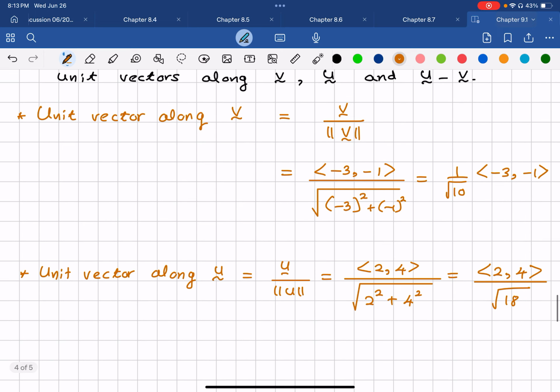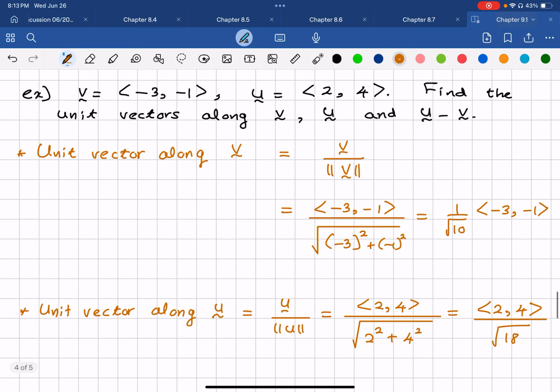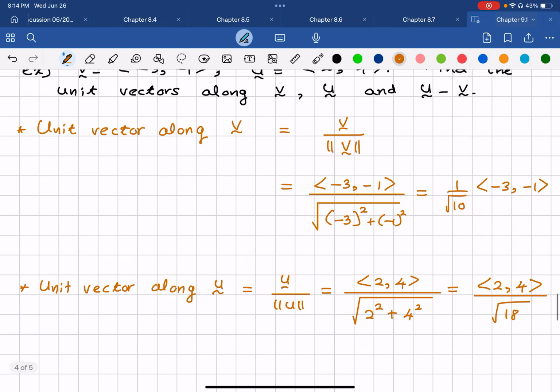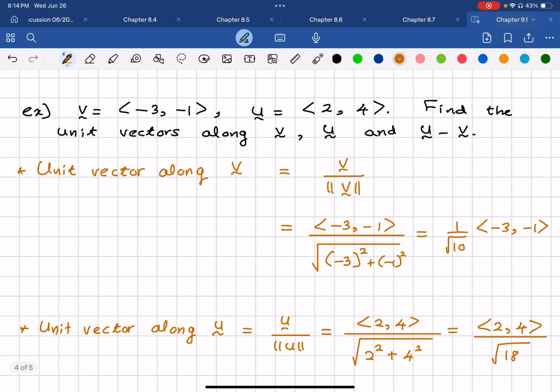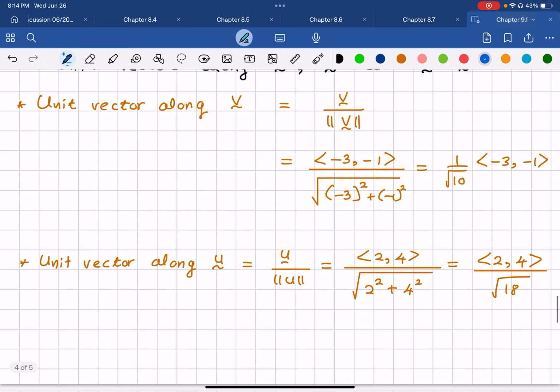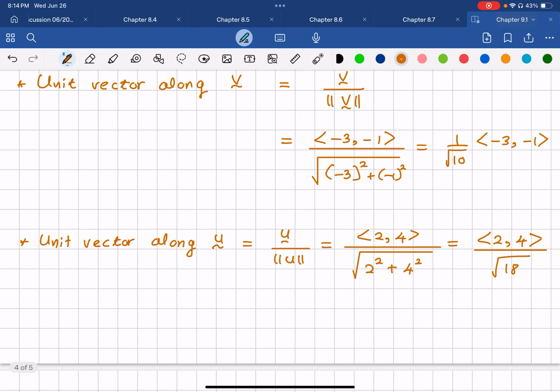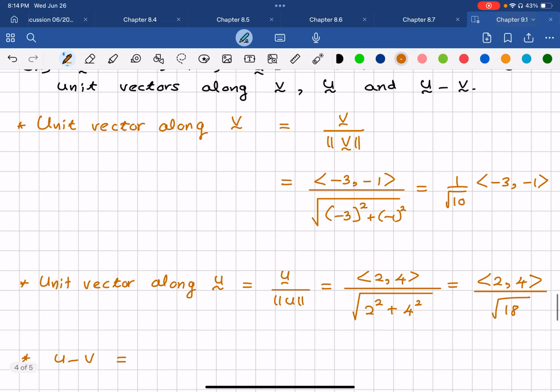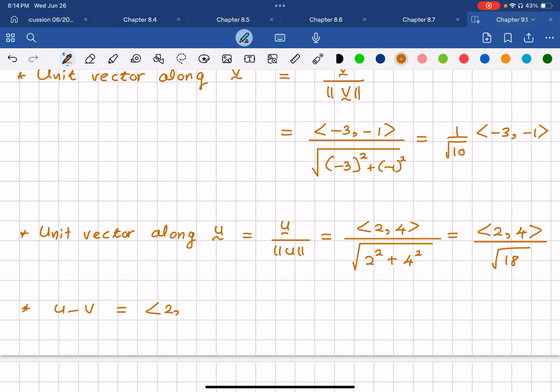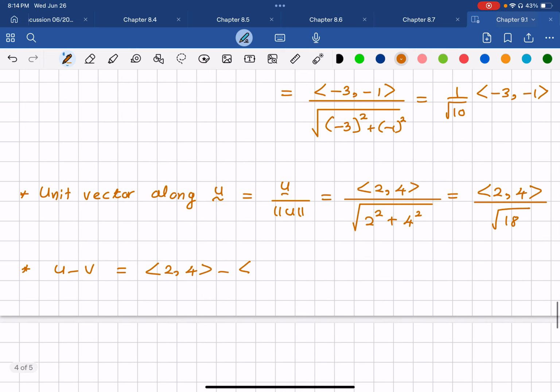Final part is to evaluate the unit vector along u minus v. So what is u minus v? So I know the vectors u and v. So first I would evaluate u minus v. U minus v is going to be 2, 4 minus v, which is -3, -1, and if I do the subtraction I would get 5, 5.